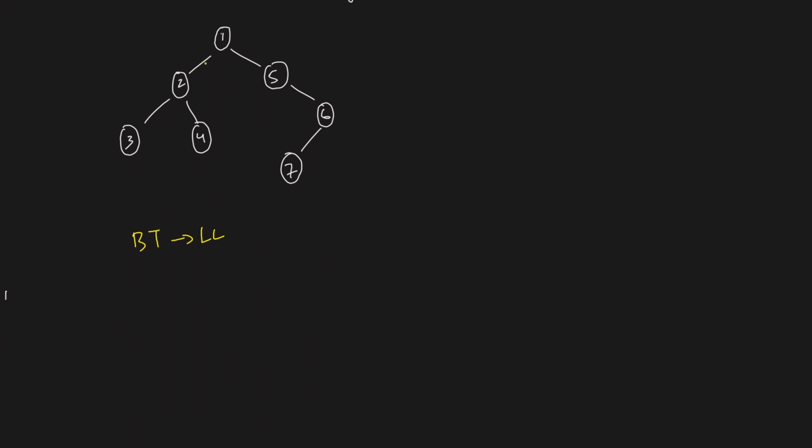Again, a logical answer will be, since it's pre-order, this is the left subtree, this is the right subtree. So first we will have the root, then the entire left subtree, and then the last guy of the left subtree. That's what pre-order is, basically root left right. So first you'll have root, that's 1, then the left guy, so again root left right, and then again 5, and so on. That is what you will ultimately have.